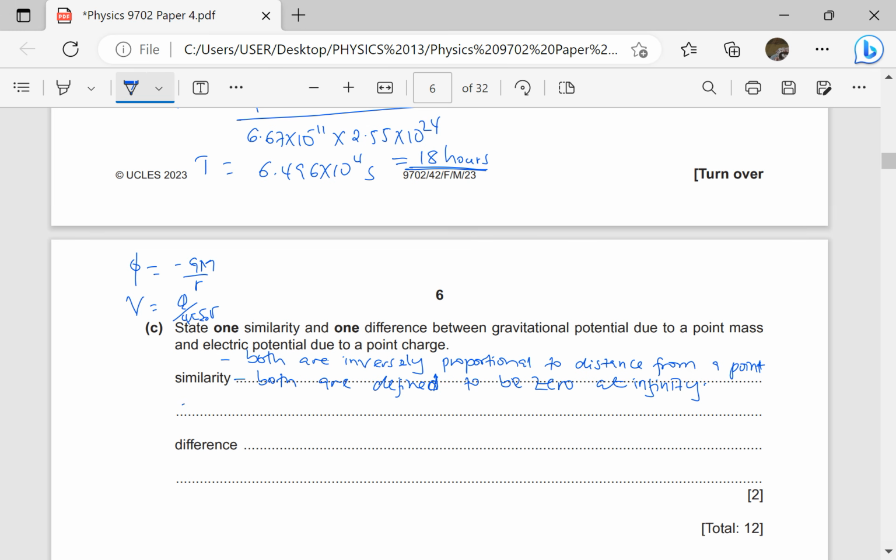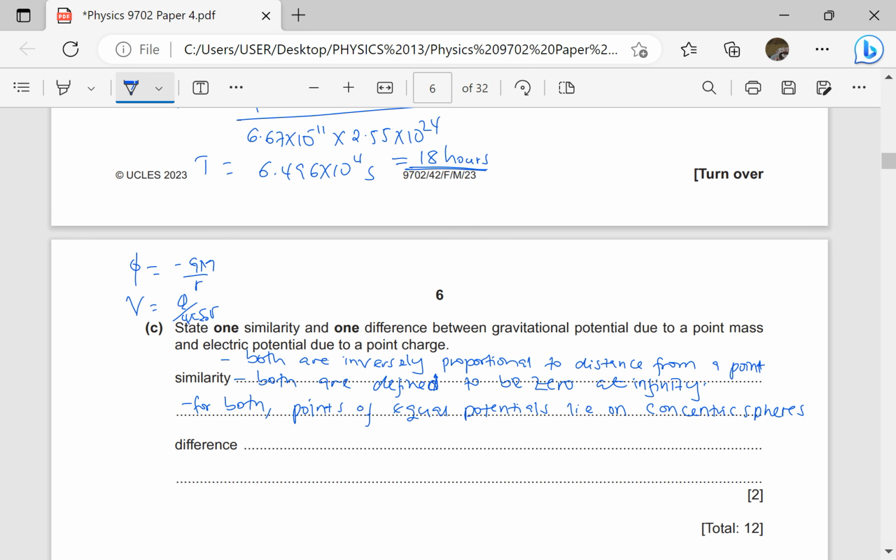So for both, points of equal potential, or points at which potentials are equal, will lie on concentric spheres, which we call equipotential surfaces, or concentric circles, for which potentials are equal.